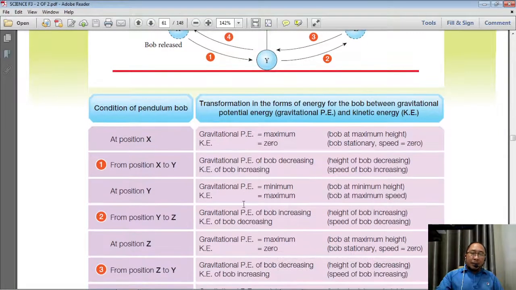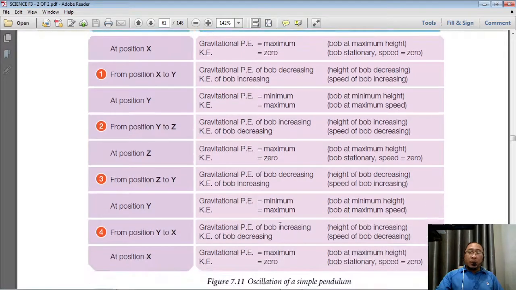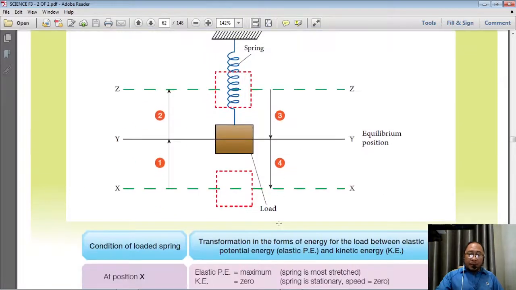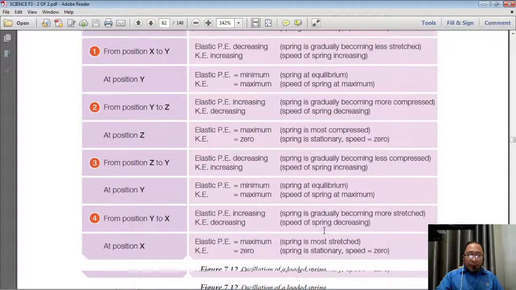What you have to understand is, at what position, what is the situation of gravitational potential energy and also kinetic energy.